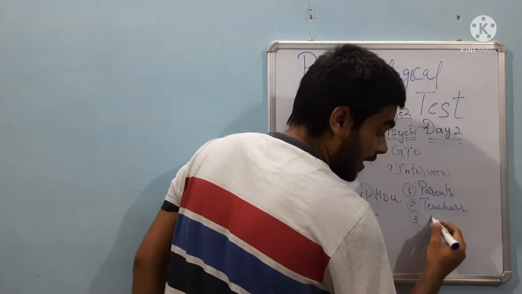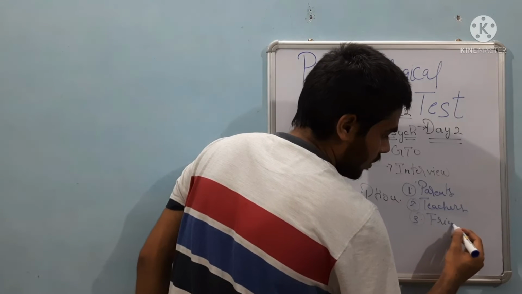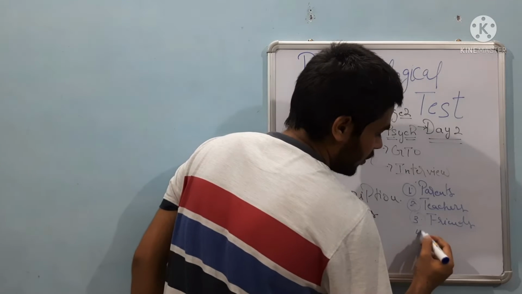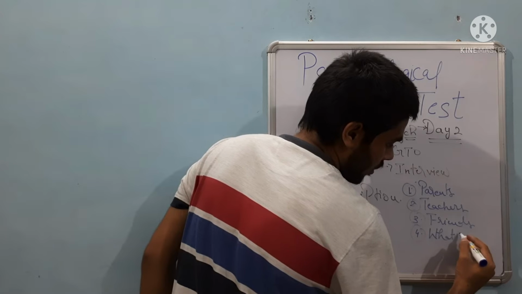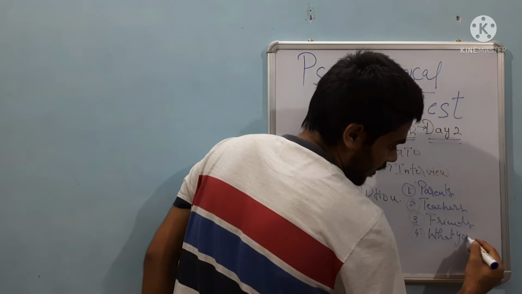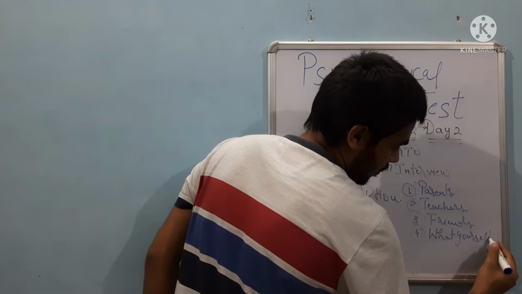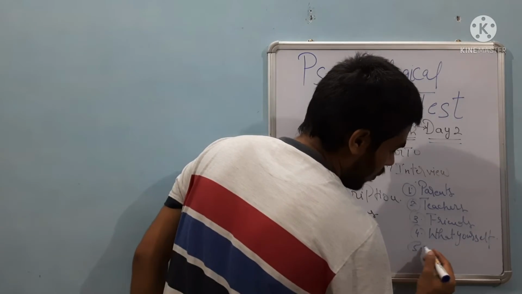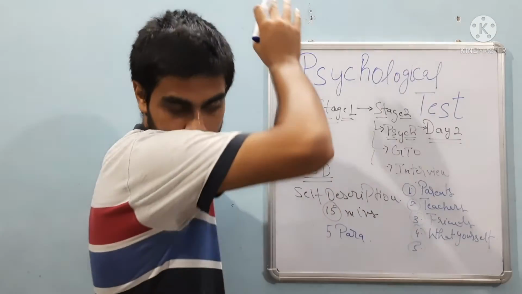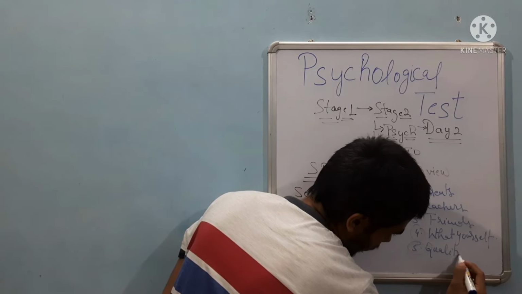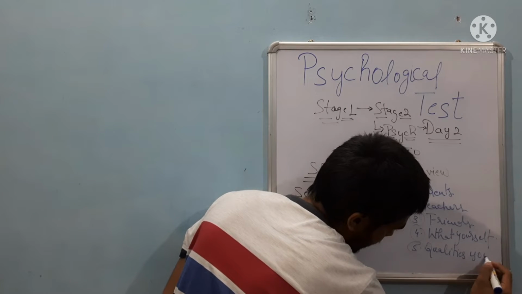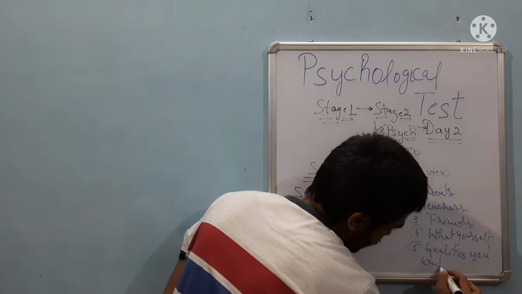The third is what your friends think about you. The fourth is what you think about yourself. And the fifth is what qualities you want to inculcate.